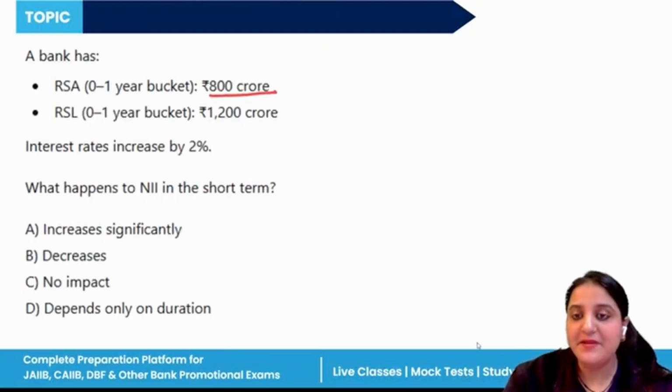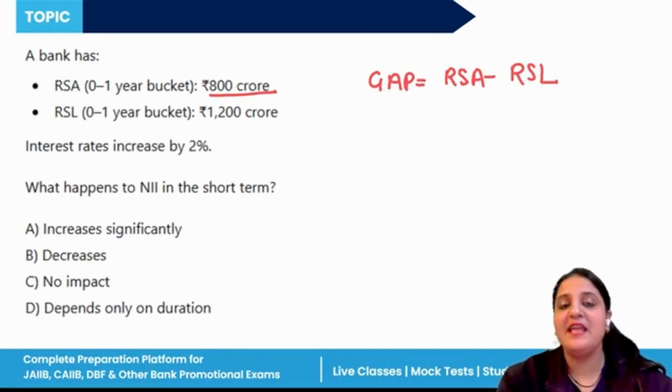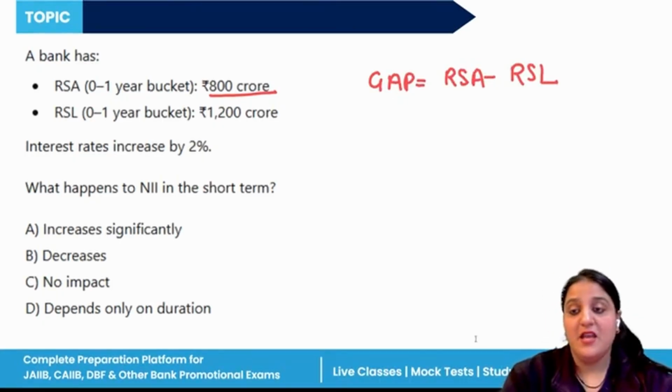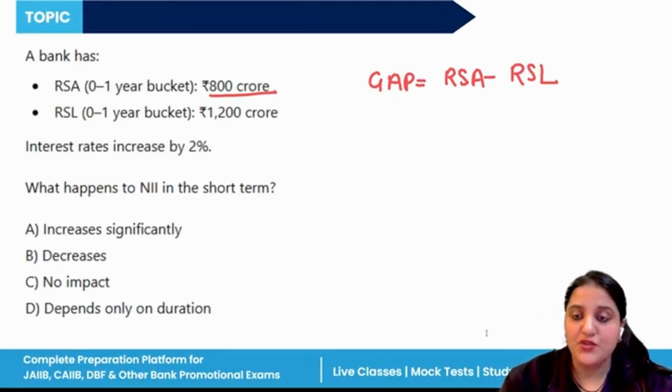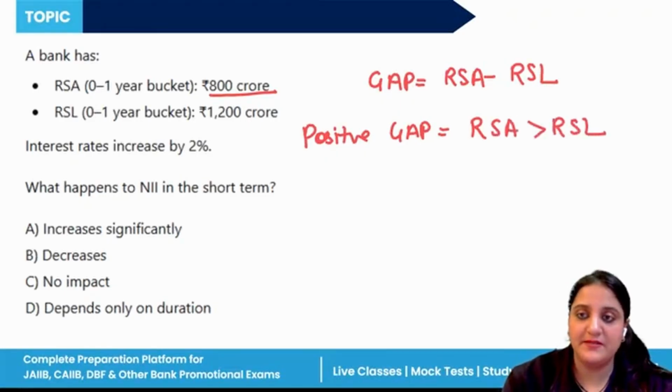So, gap equals rate sensitive assets minus rate sensitive liabilities, right? That is only for a given time bucket. So, what is a positive gap? A positive gap means when rate sensitive assets are more than rate sensitive liabilities.